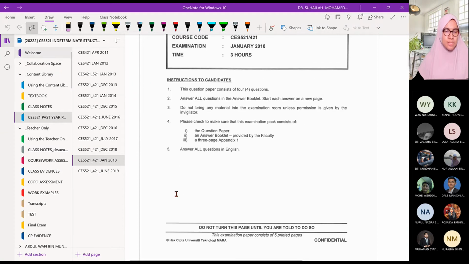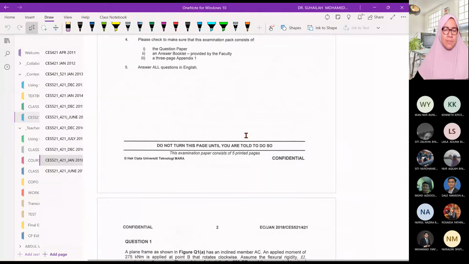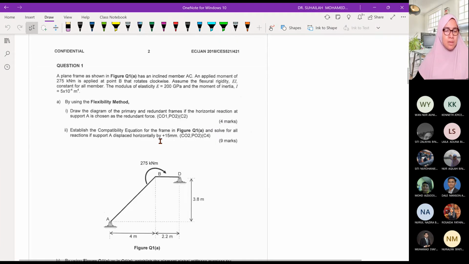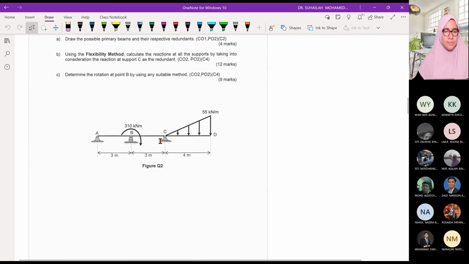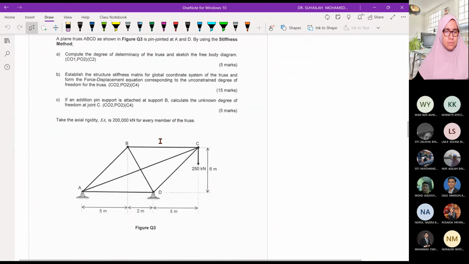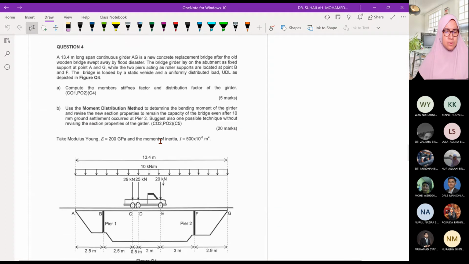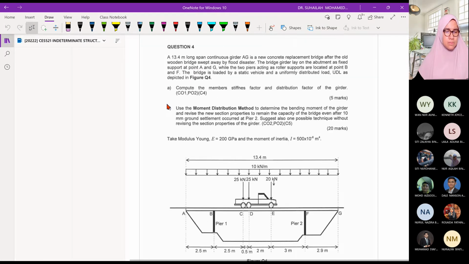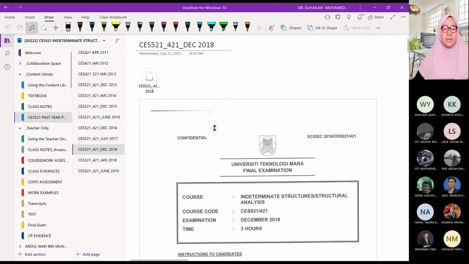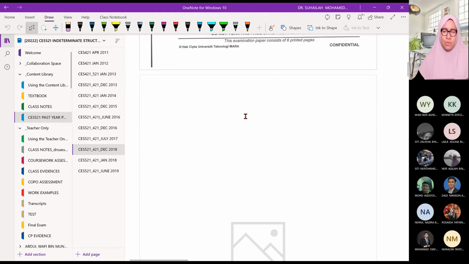Try to understand it, and if you truly understand, you can already secure 25 marks in the final assessment. It is quite straightforward.